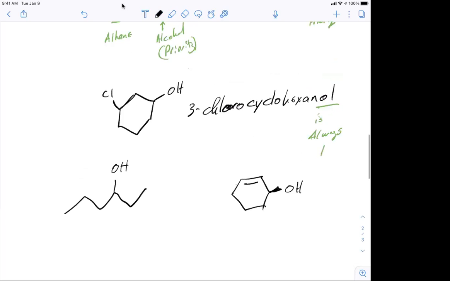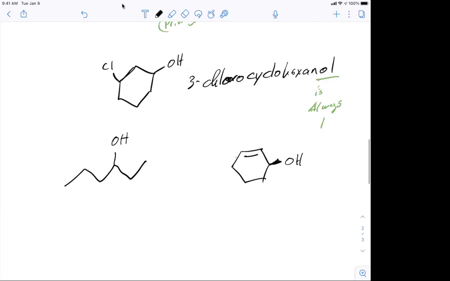Did I just draw exactly the same molecule? I did. Let's do something a little bit more entertaining then.